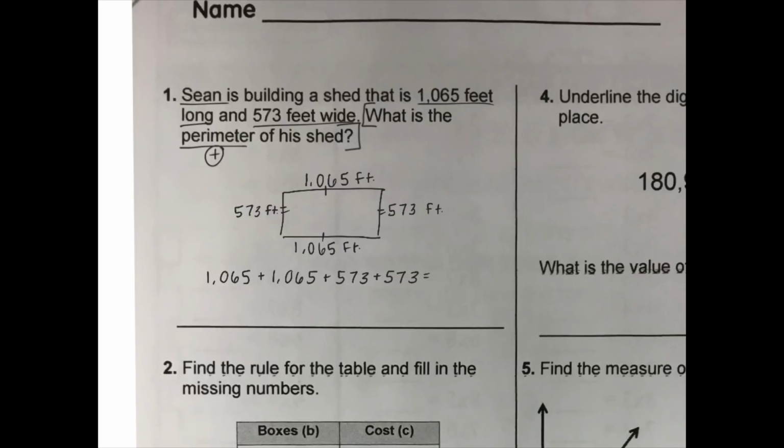If you plug that into your calculator, you get an answer of 3,276 feet. You just need a complete sentence. Sean's shed is 3,276 feet, period. Let's look at problem number 2.